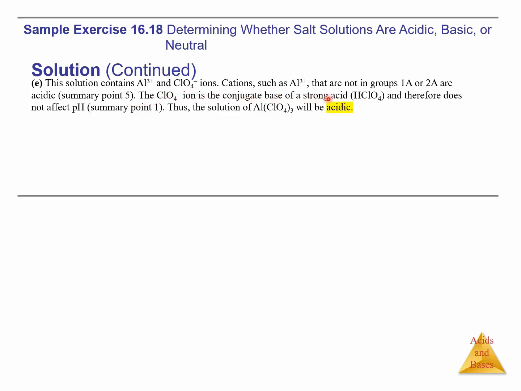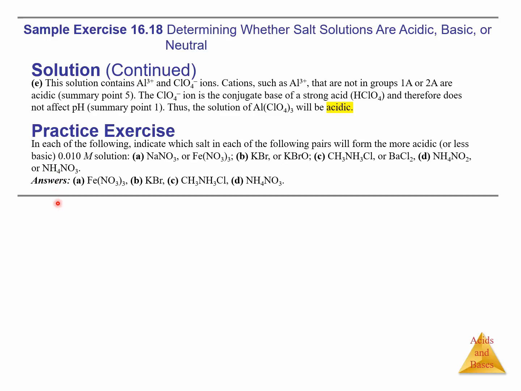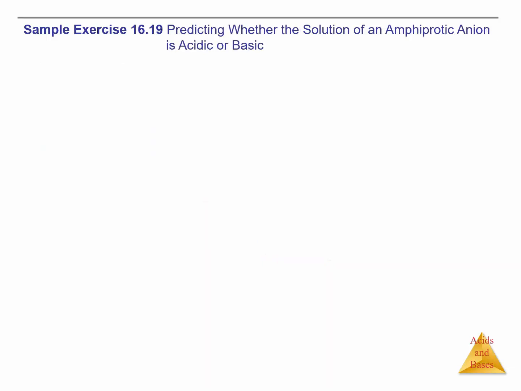Cations such as Al+3 that are not in groups 1A or 2A are acidic. The ClO4- ion is the conjugate base of a strong acid and therefore does not affect the pH, so the solution will be acidic. Now also you can look at this practice exercise and solve it by yourself.